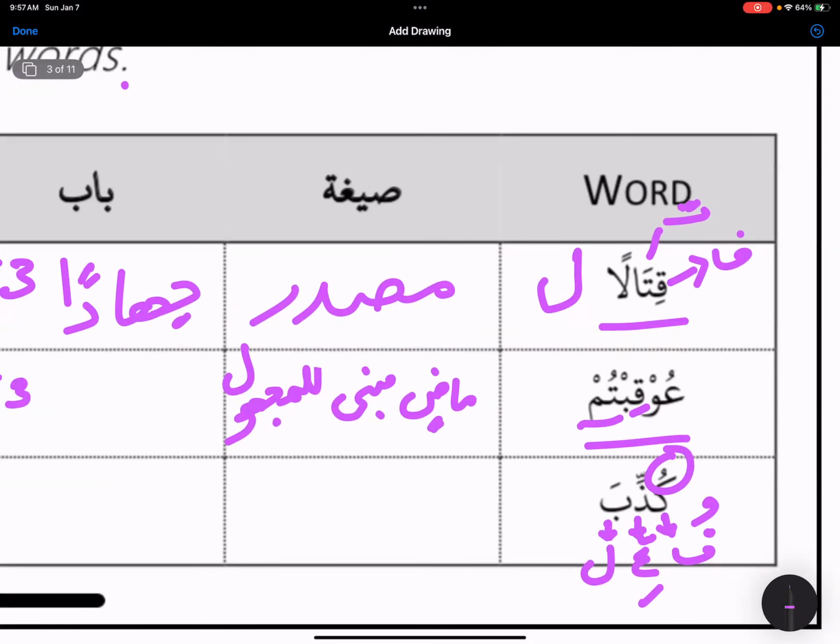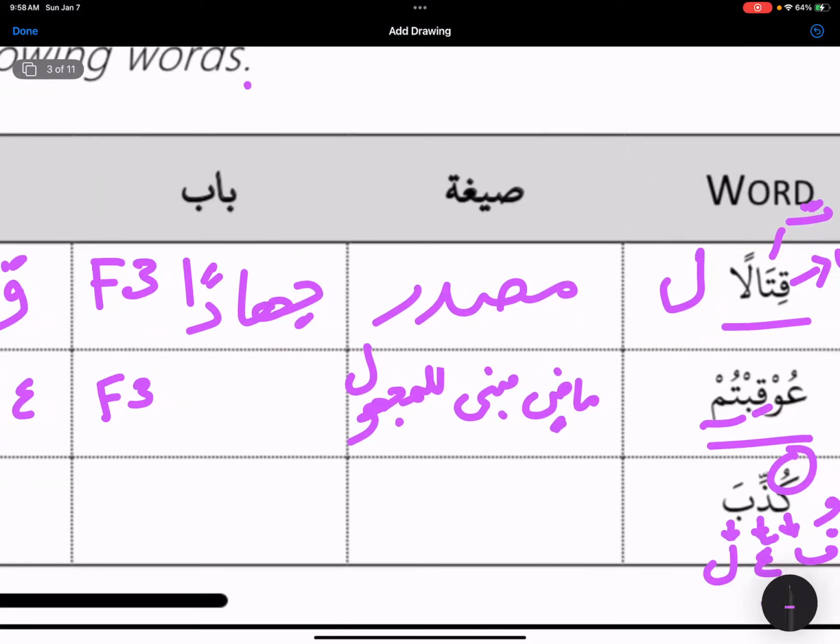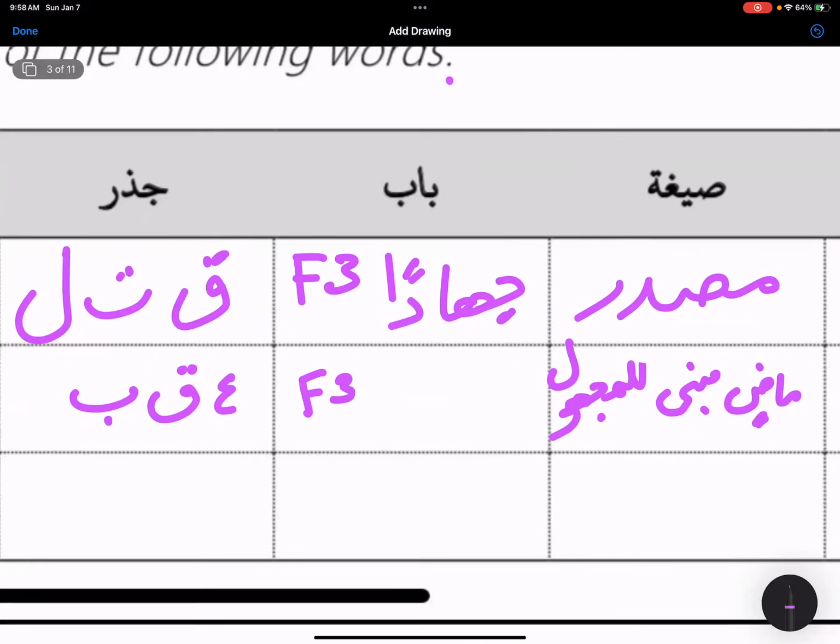So siga is again madi mabni lil majhul. And what is the bab? Taf'ilan. Yes, bab taf'ilan, right? Family 2, or fu'ila wazan, whatever you call it.